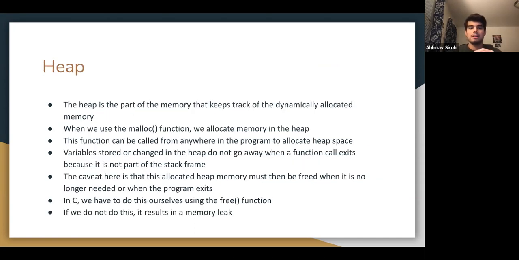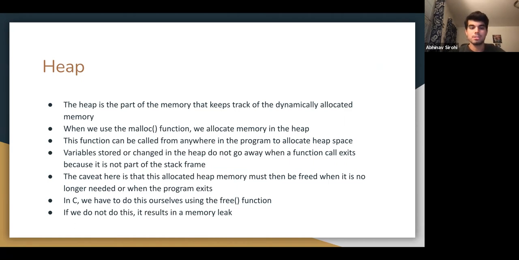So now we want something where we could store those values in memory and use them in a different function without returning them. That's where the heap comes in. The heap is the part of the memory that keeps track of the dynamically allocated memory. And we use the malloc function to allocate memory in the heap. This function can be called from anywhere in the program to allocate heap space.